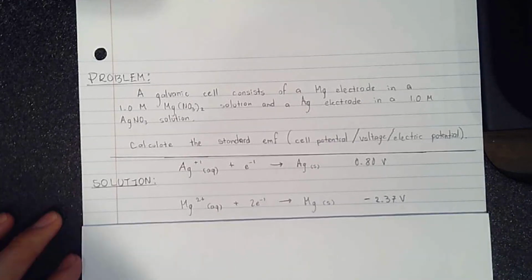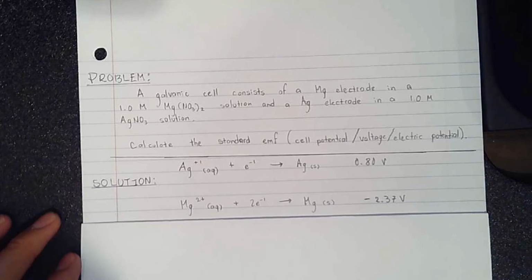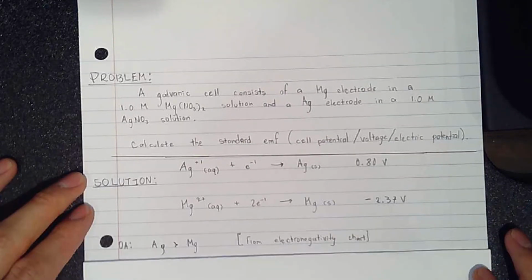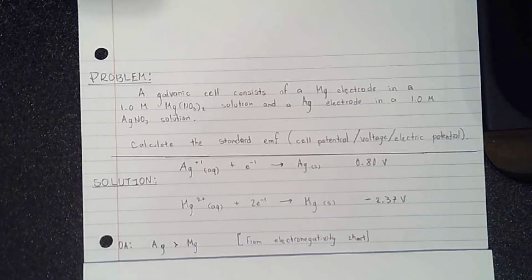In order to do so, let's refer back to the chart that shows the electronegativity of each of these elements. If you look closely at that chart, you will find that magnesium has a smaller electronegativity than silver. This means that silver is the oxidizing agent of magnesium.